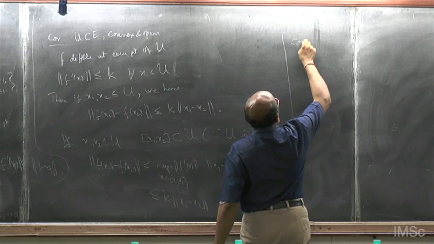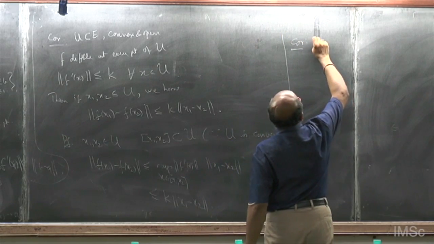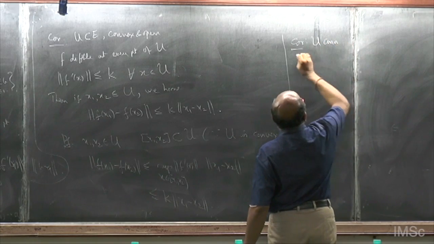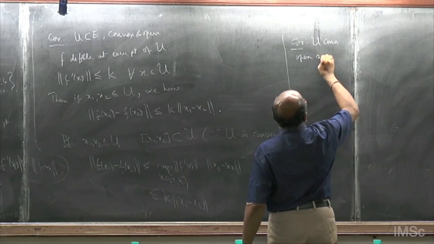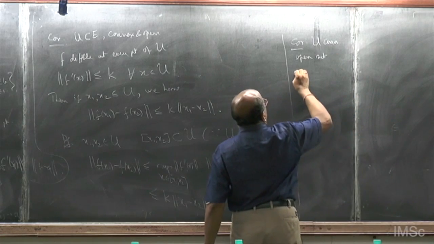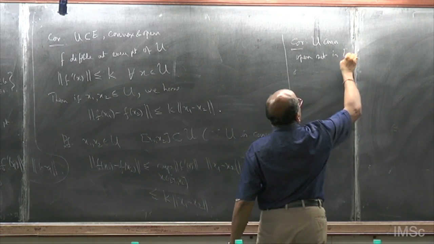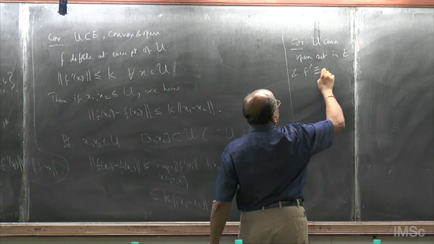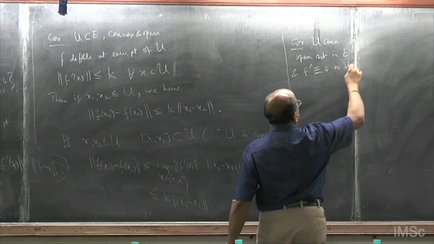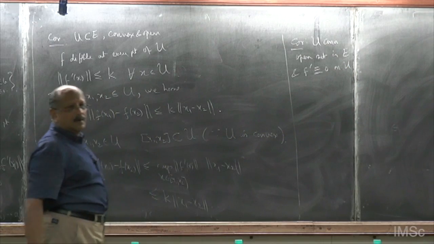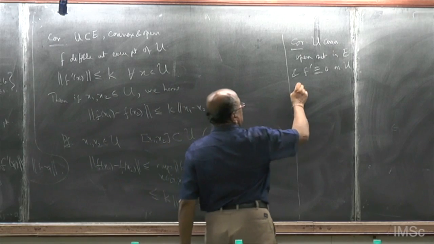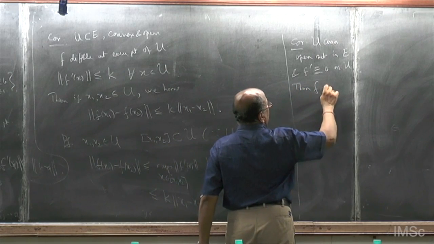Next corollary: if U is a connected open set in E and f' is identically 0 on U, then f is a constant function.